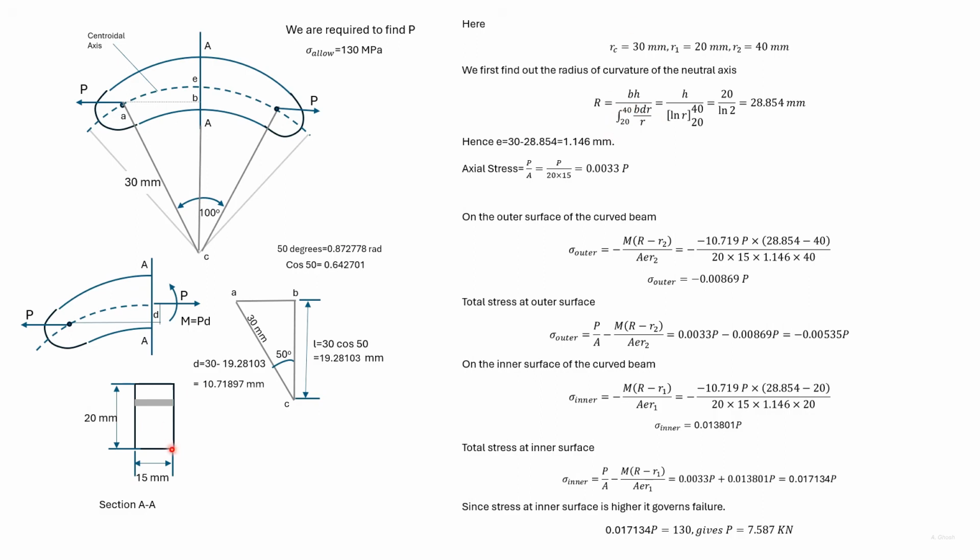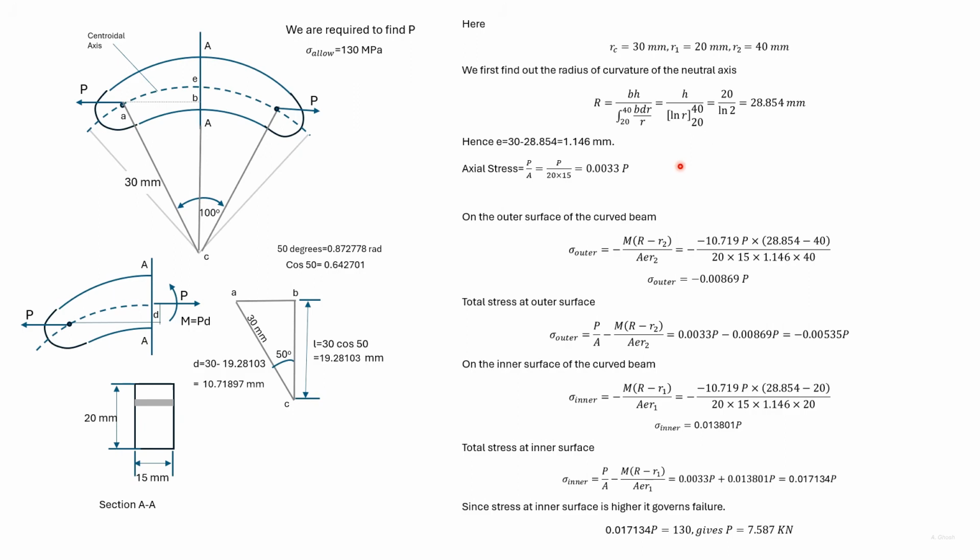BH is the area of the rectangular portion and B dA is given by B dr, as shown here in the shaded portion. We integrate from R1 to R2. So we have obtained capital R. e is equal to RC minus capital R, as given here.